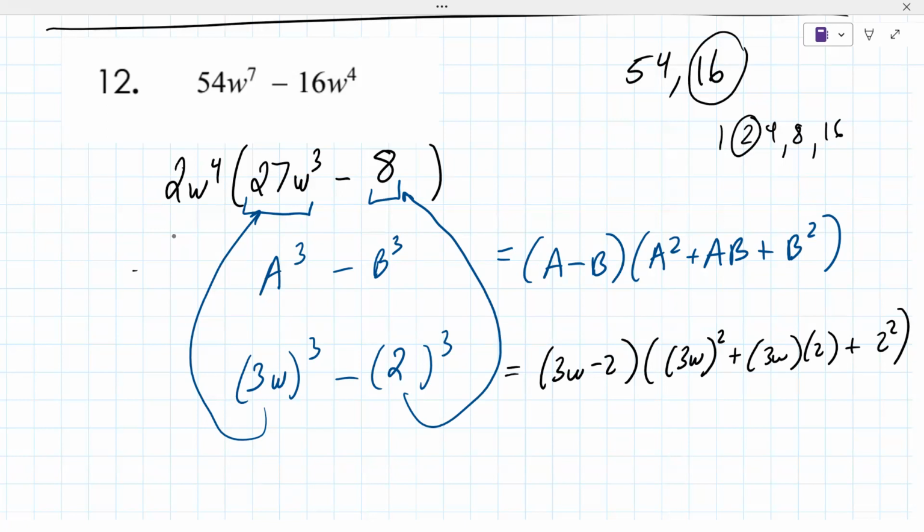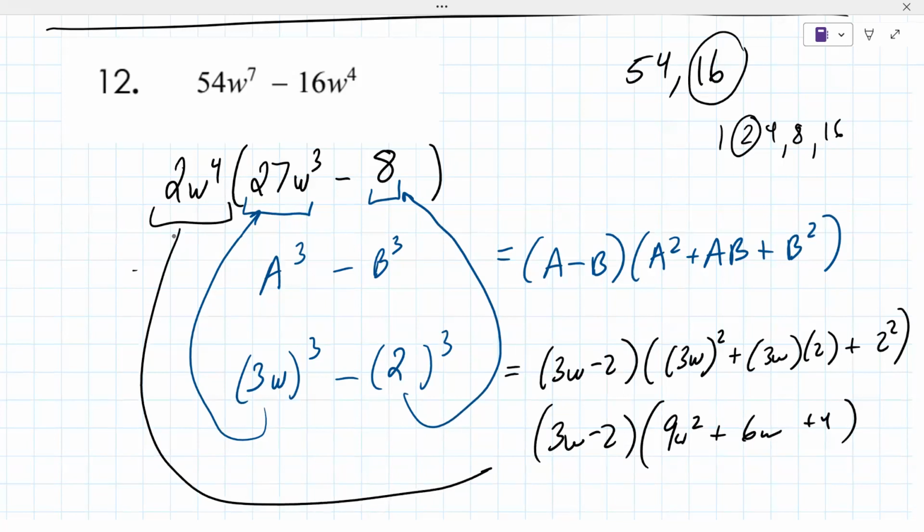All right, and it's A squared plus AB plus B squared. So you do have to simplify, like you have to say, okay, it's 9W squared plus 6W plus 4, 3W minus 2. And then you have to be like, oh yeah, don't forget that other little piece, that 2W to the power of 4 there.